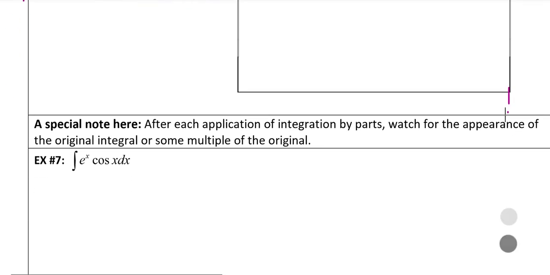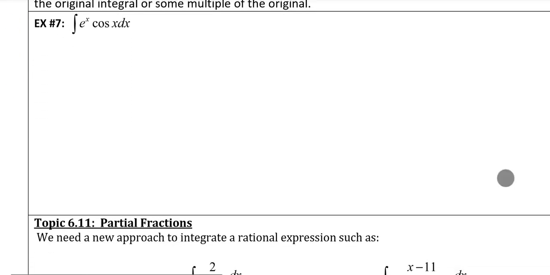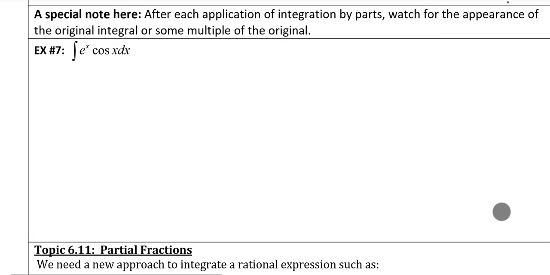Okay, one more example. I know this video is a little long, and then in the next video we will do partial fractions. Just a little note here: as I was saying before, you might find that you're in an endless loop. Because if you look at example 7, e to the x is its own derivative.